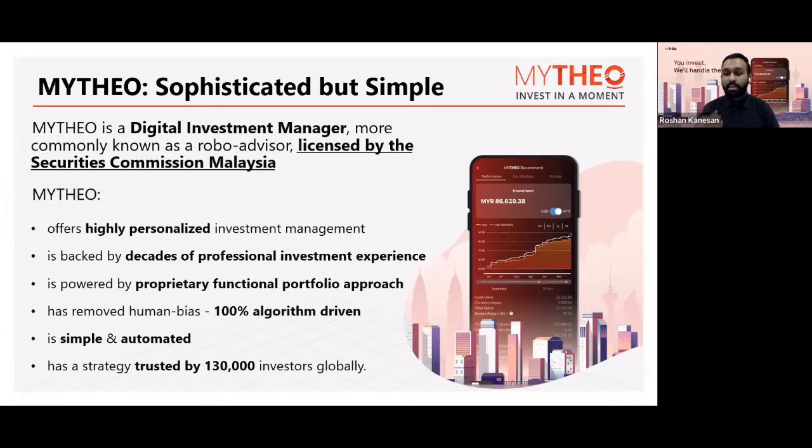Aside from making investing cheaper, more accessible, and highly personalized, here at MYTHEO, we take the difficulty out of investing. Now, as Warren Buffett famously said, investing is simple, but not easy. And oftentimes the reason for this difficulty in investing is our own emotions and behaviors. As our CIO, Chief Investment Officer, Matthew Stuart-Box recently told BFM Radio's Ringgit and Cents, we are our own worst enemy when it comes to investing.